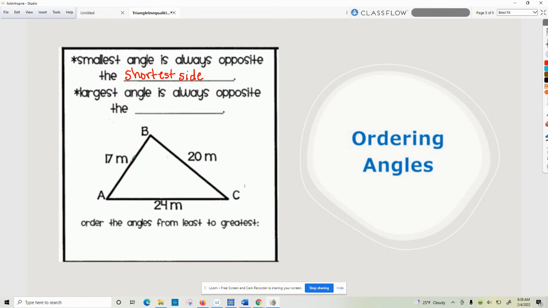And your largest angle is always opposite the longest side.